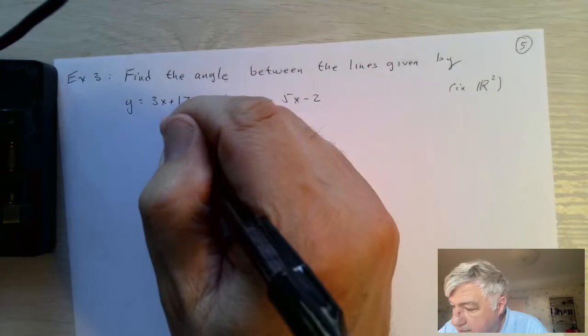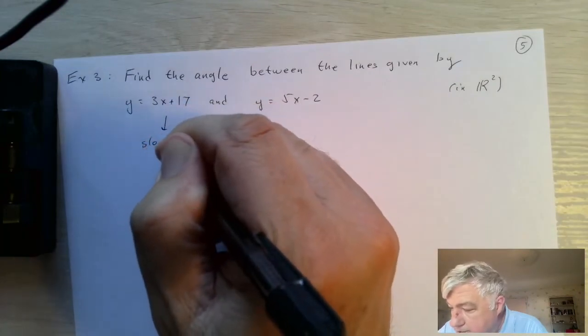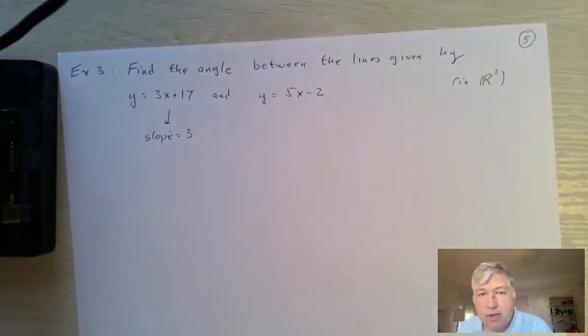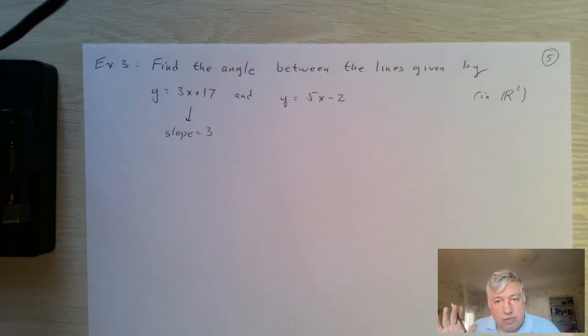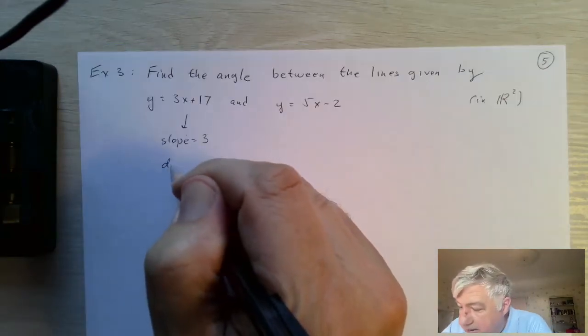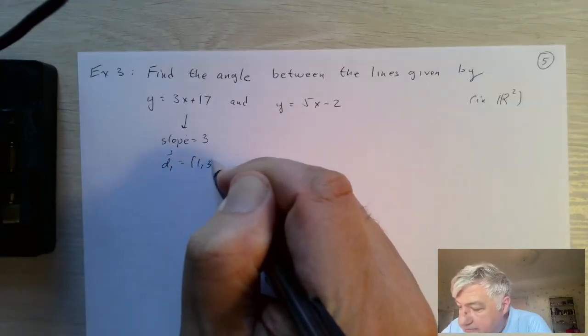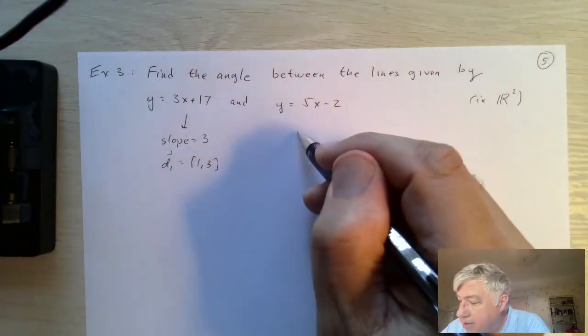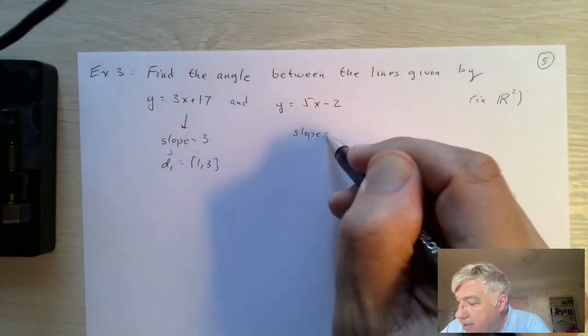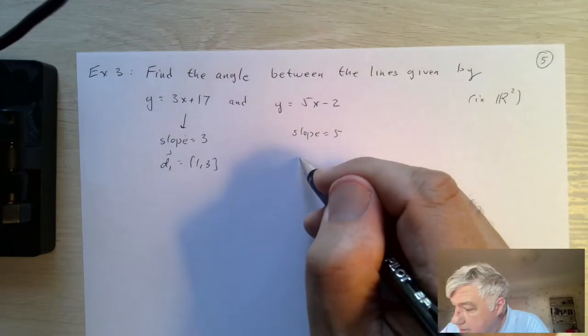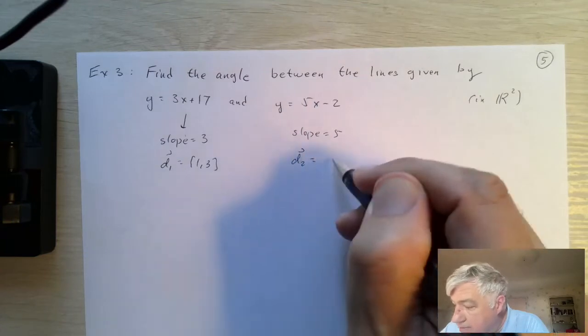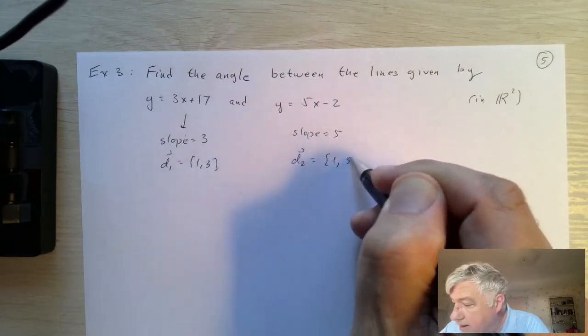In this case, we can see the slope is 3. That's rise over run, so the rise is 3 when the run is 1. So the direction vector of this would be (1, 3). And similarly, since the slope here is 5, the direction vector here would be (1, 5).